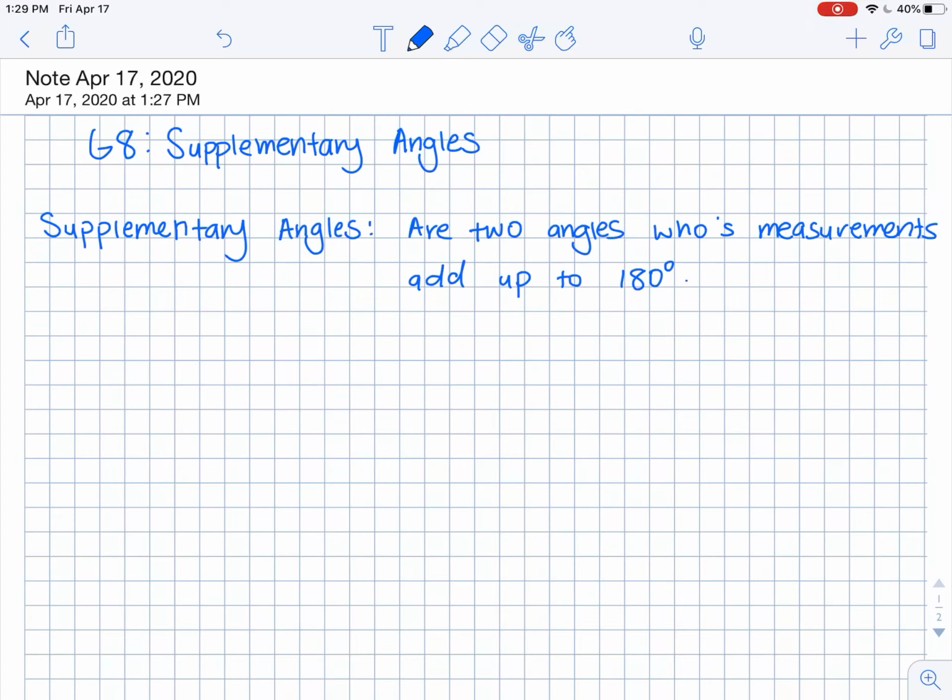Okay, so it's two angles, and when you add the two angle measures together, they add up to 180 degrees. Okay, so we have a specific name for this.